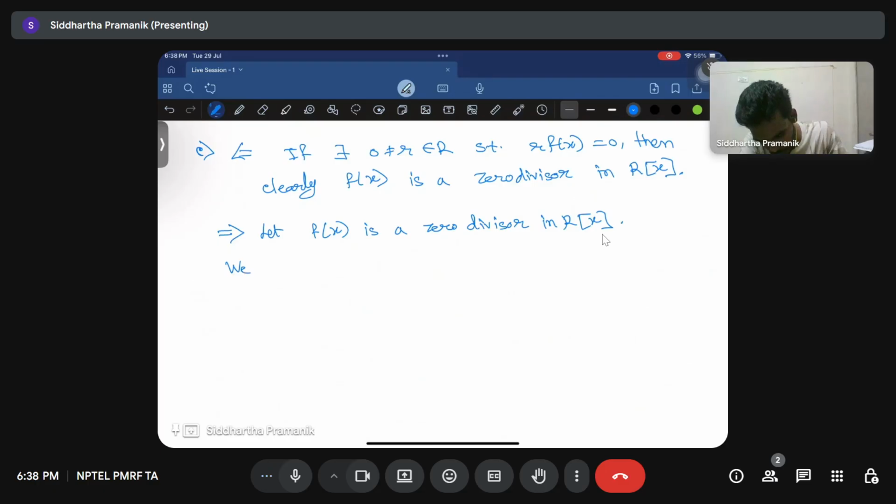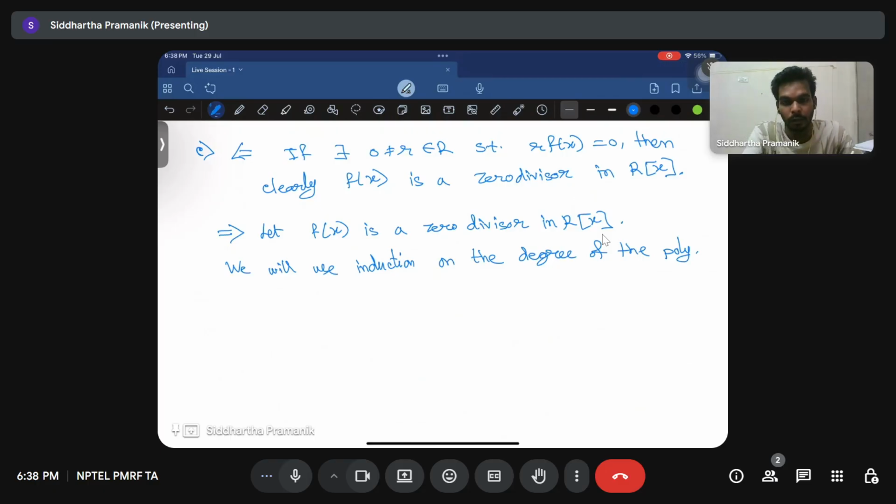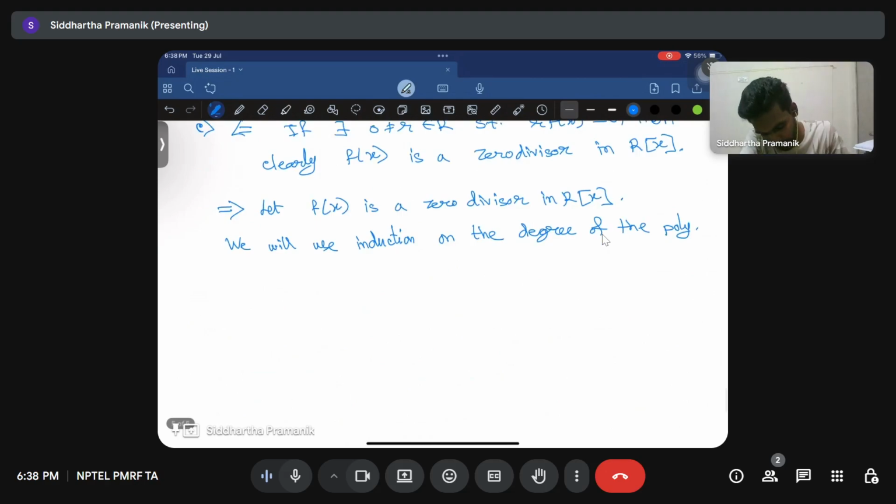So we will use induction on the degree of the polynomials. When the degree of f(x) is 0, that is the base step.